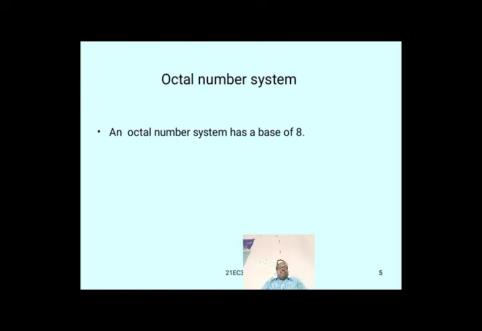Today we are learning about a new type of number system, that is the octal number system. An octal number system has a base of 8. That means the values present in the octal number system are 8, that is 0 to 7.